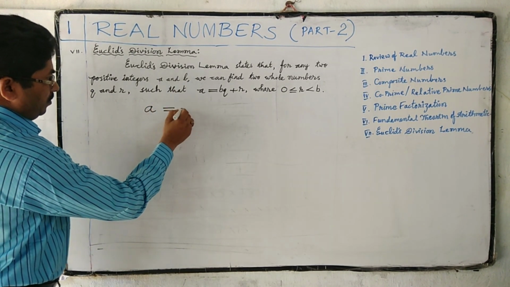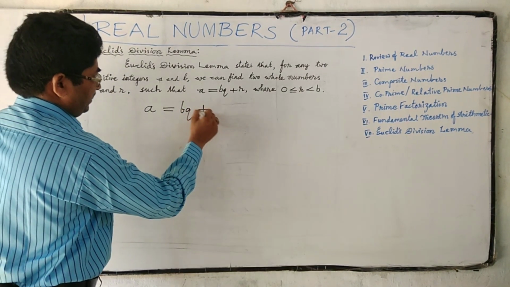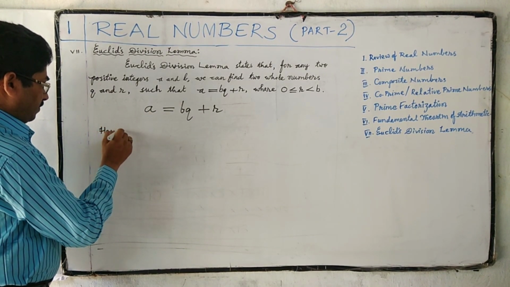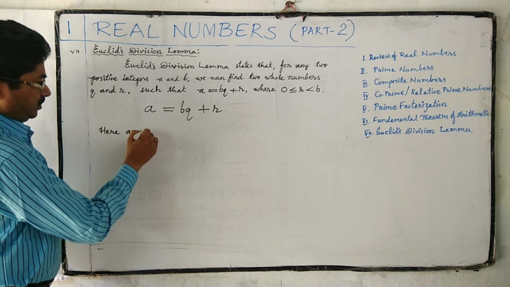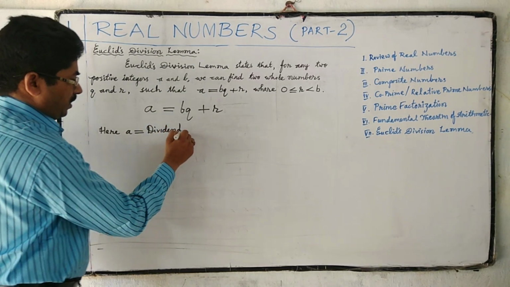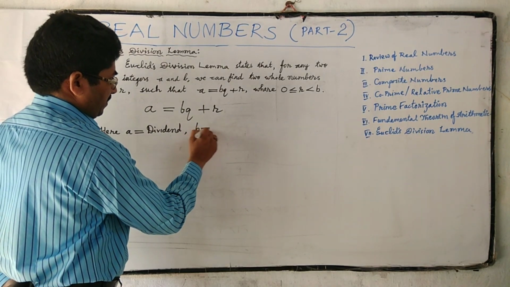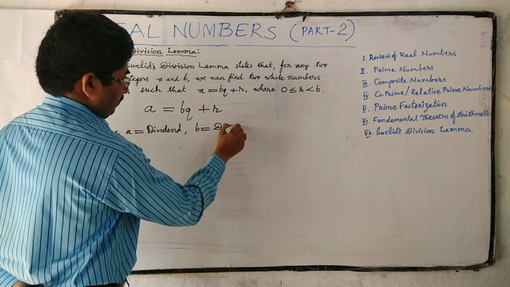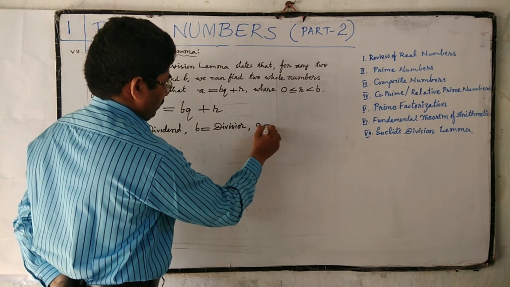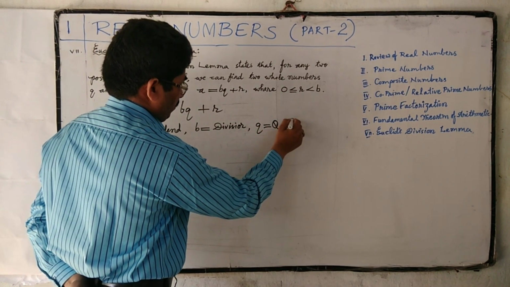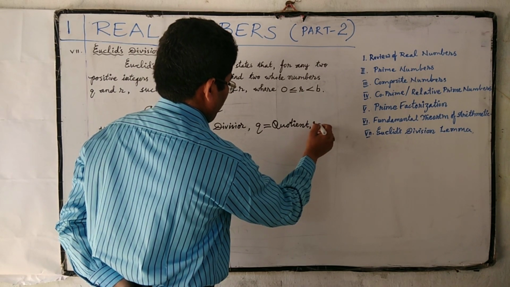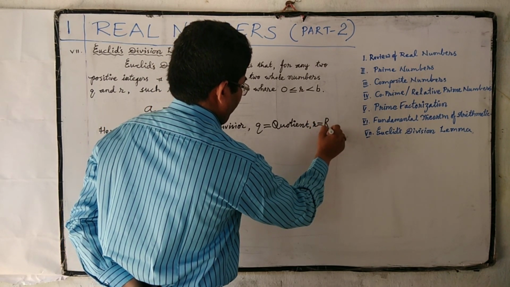a is equal to bq plus r. Here a is dividend, b is divisor, q is quotient, r is remainder.